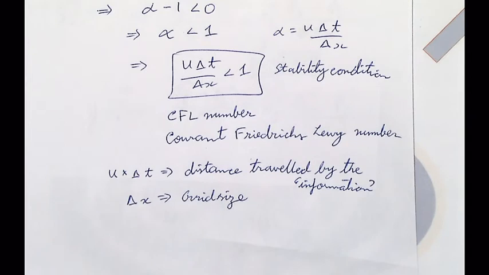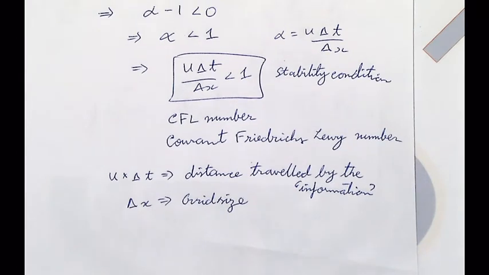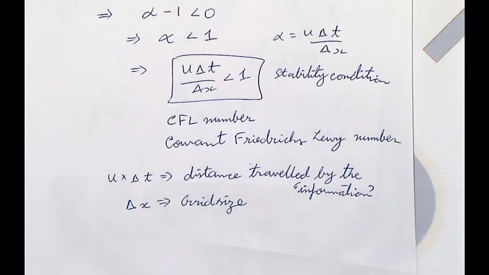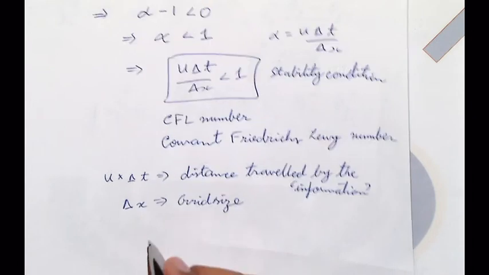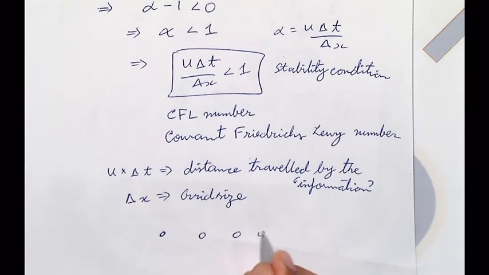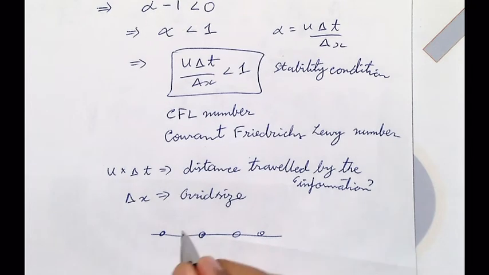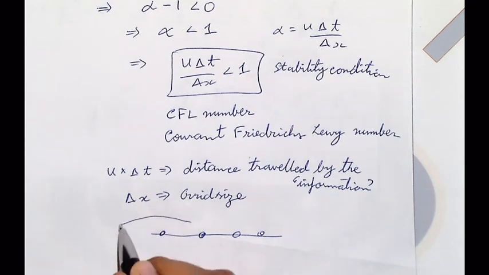So what the CFL condition is telling you is that the information should go slower. The distance traveled by the information propagation should be smaller than my cell size. So if you look at what's happening at this grid point, the information should not come from beyond over here. That would be an unstable scenario. It should come from somewhere within here, and that's a stable scenario.